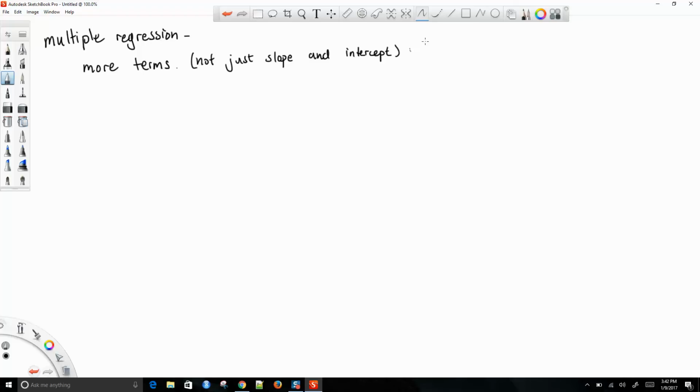So we could have a function of basically x, and so I'll just start off with x1, x2, x3, x4, and then we would have a w0, a w1, w2, w3.